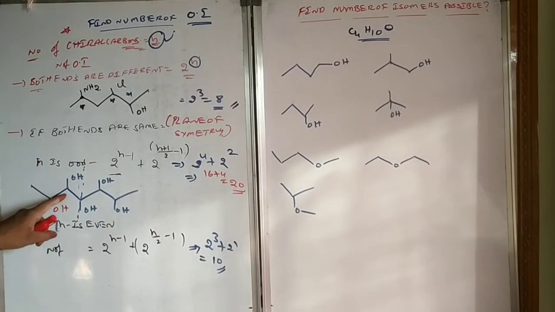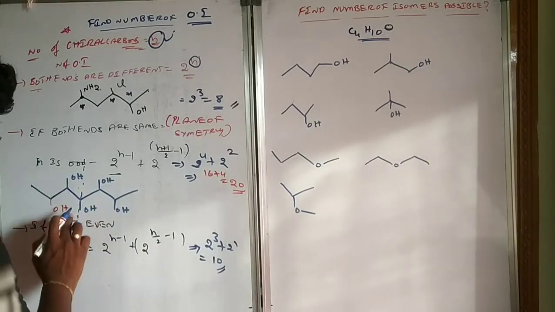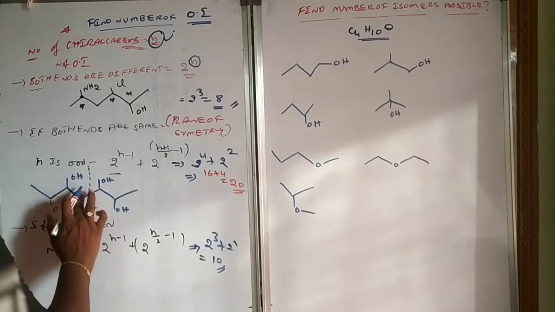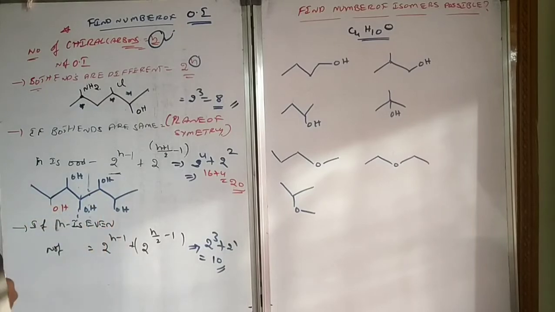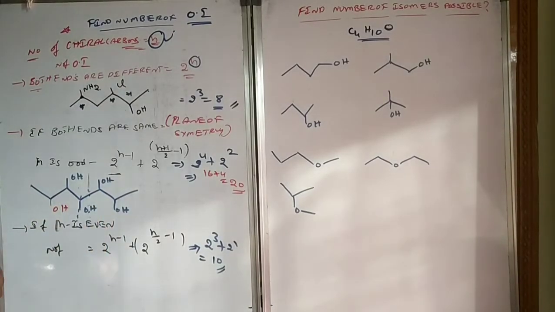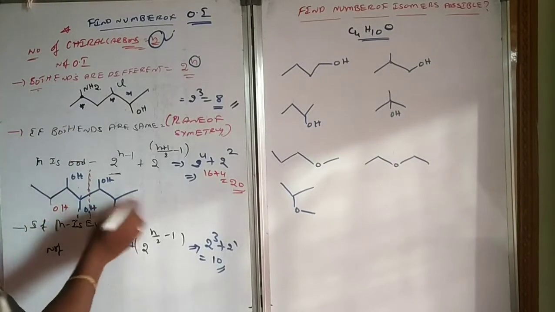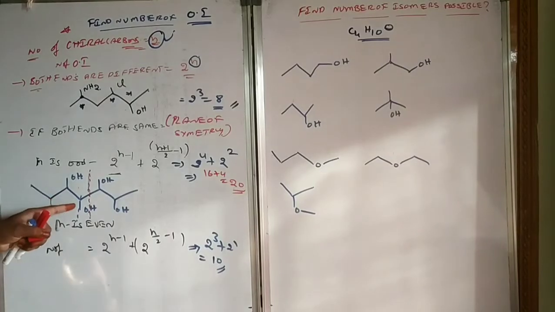Here methyl is present, 1, 2, 3 are there, and here you can have a plane. Exactly, you can divide this into 2 equal halves. Here you can draw a plane on this thing, so you can have 2 equal halves. Exactly on this point.